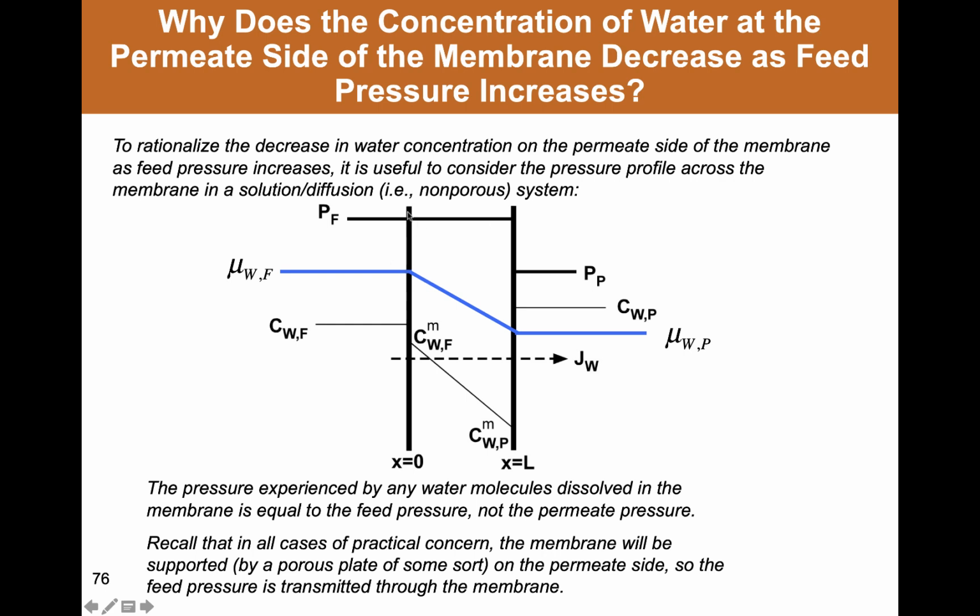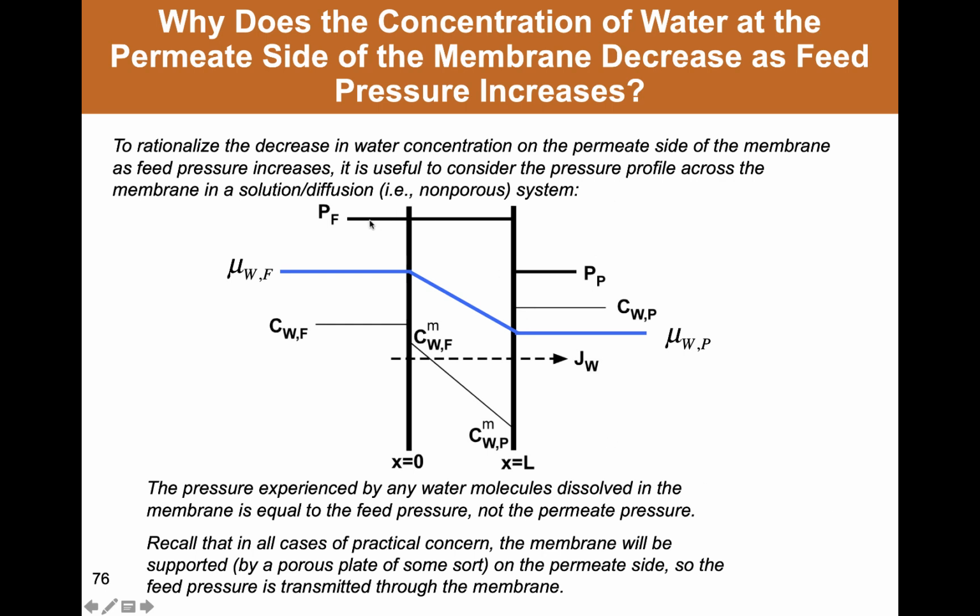And so we'll attack that problem in exactly the same way that we attack the feed side version of this problem. That is, we will equate the chemical potential of the solvent or water inside the membrane at the downstream or low pressure side of the membrane equal to that of the water that's in contact with it.